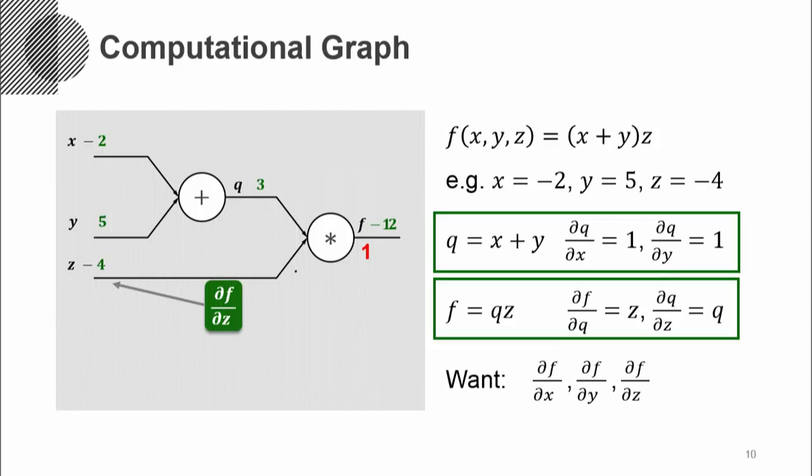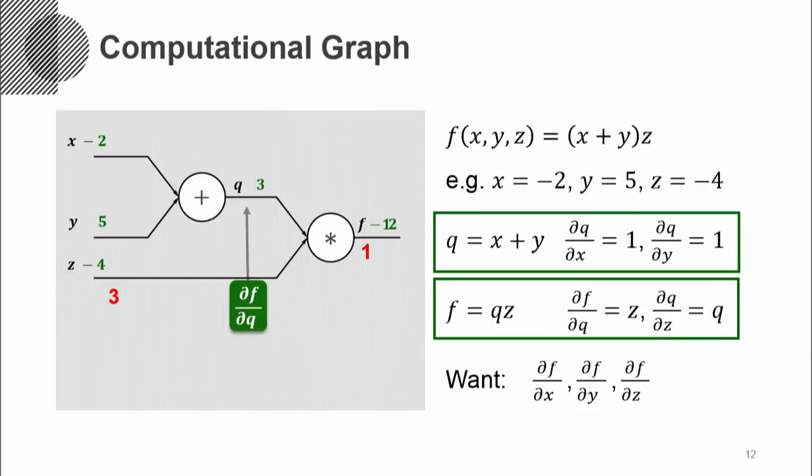And let's think about the partial derivative with respect to z. In this case, we obtain 3 because f was represented as q times z, and thus this partial derivative with respect to z will be q, and q here is 3, which is the summation of these two, x and y.